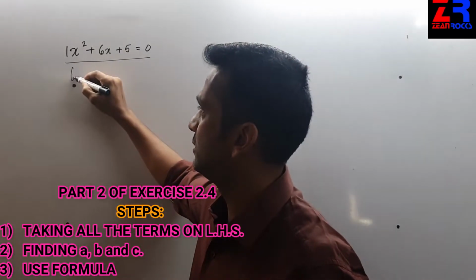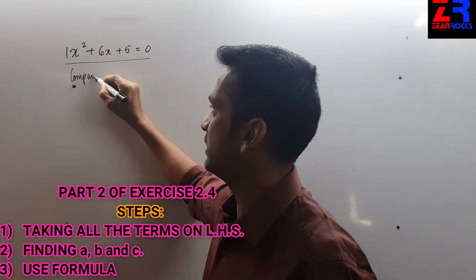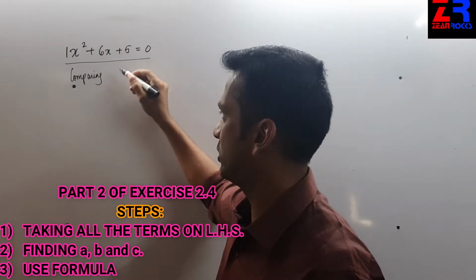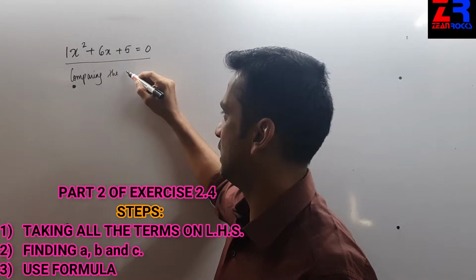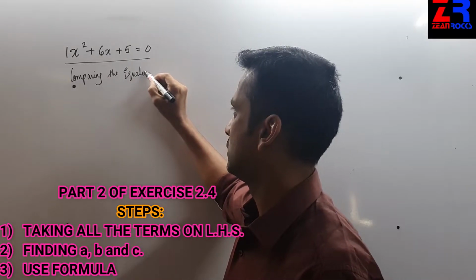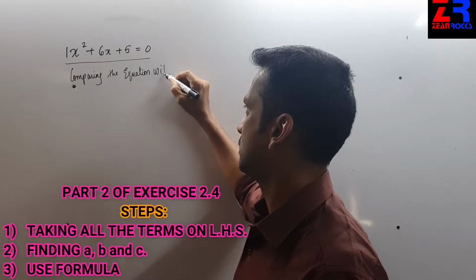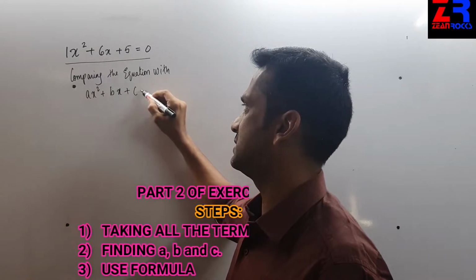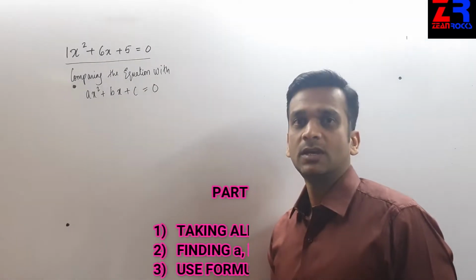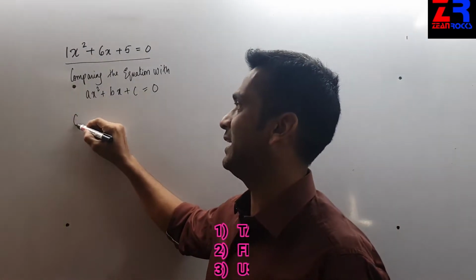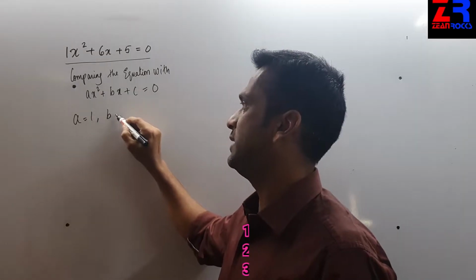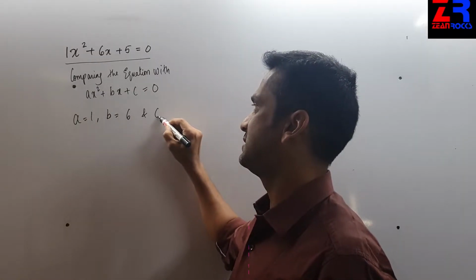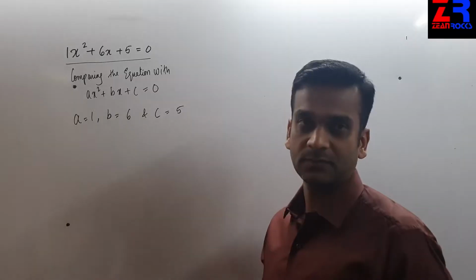First of all, remember that it must be arranged in the proper order. Comparing the equation with ax square plus bx plus c is equal to 0, I will get the value of a as 1, b as 6 and c as 5.